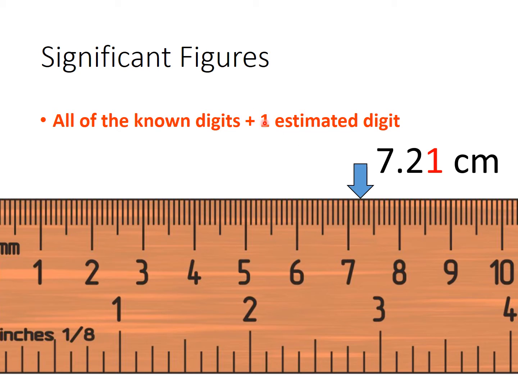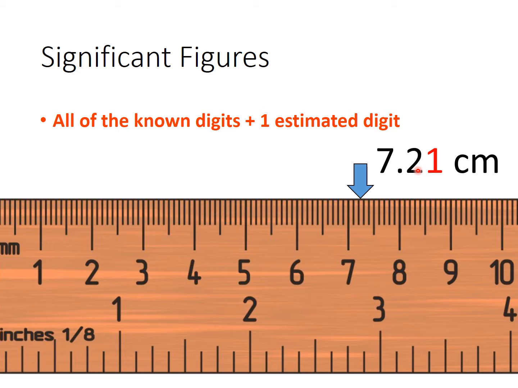We estimate the last digit, and we recognize that there is always going to be some uncertainty in the last digit. Suppose it had been right on the line there for 7.2. Does that mean I would write 7.2? And the answer to that is no, because that would imply that the 0.2 is uncertain.